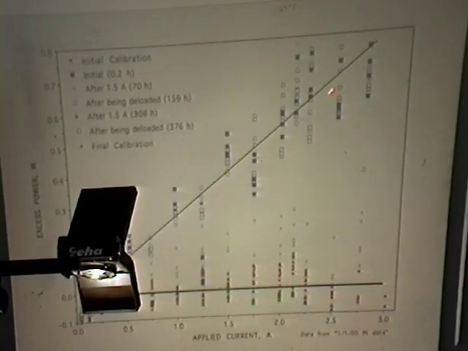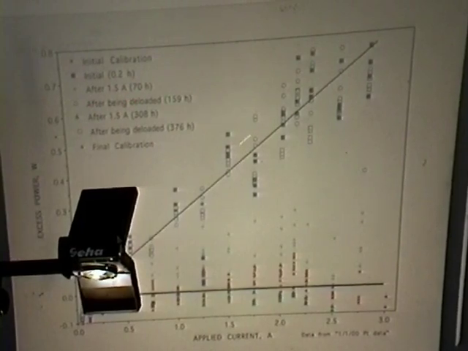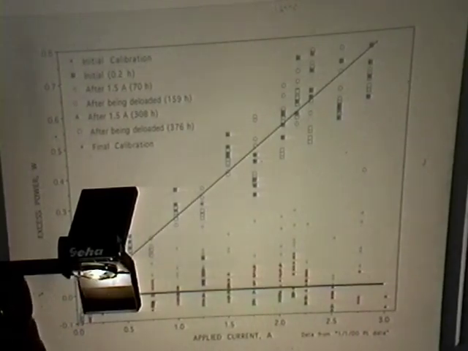The current sweeps that showed excess energy agree with one another at the various times. They were taken at various times, but they all agree with one another, and they lie on a line which extrapolates down to zero power at zero current, which is quite different than the way palladium behaves, as I will show you.